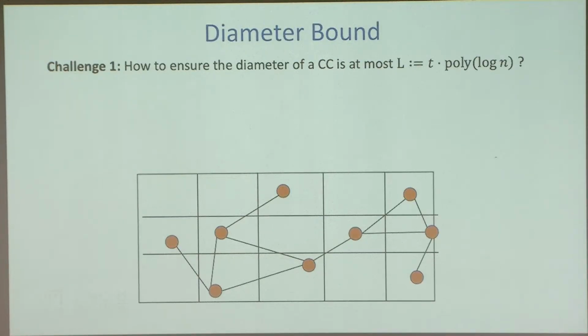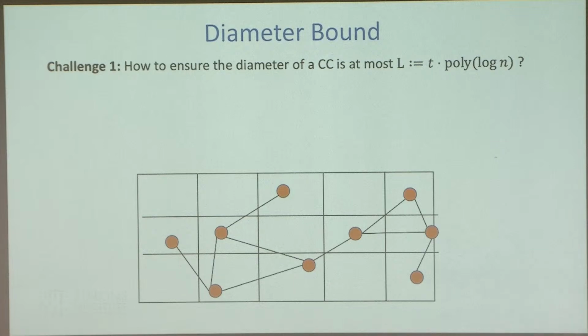Okay, then here's another question. How to ensure that the diameter of this connected component is at most the cell length, or the threshold that we consider, t times polylog n? So this is very hard.